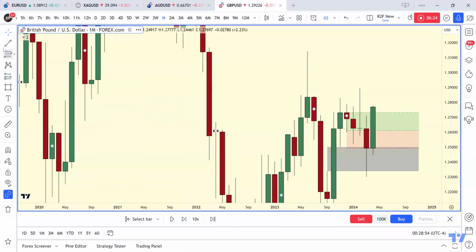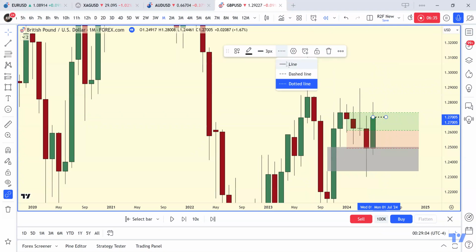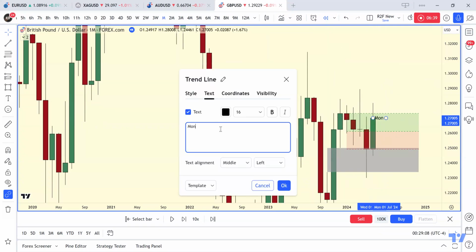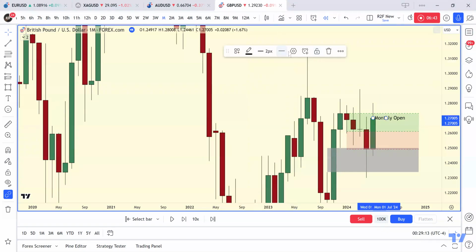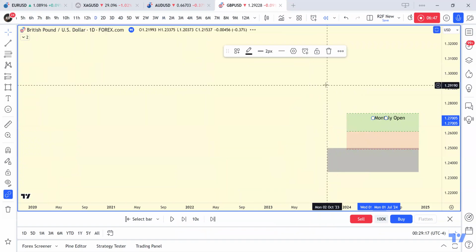Okay, so let's say price is there and the day is about to close. I don't know where the open is. I guess it would be somewhere around here, right? So I would want to buy below this monthly open. Let's say the next candle opens there. Let's go straight to the daily then.